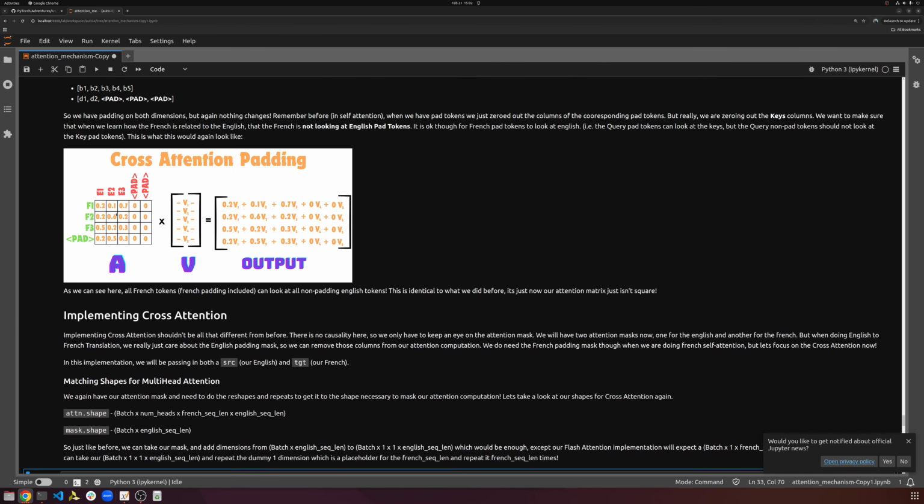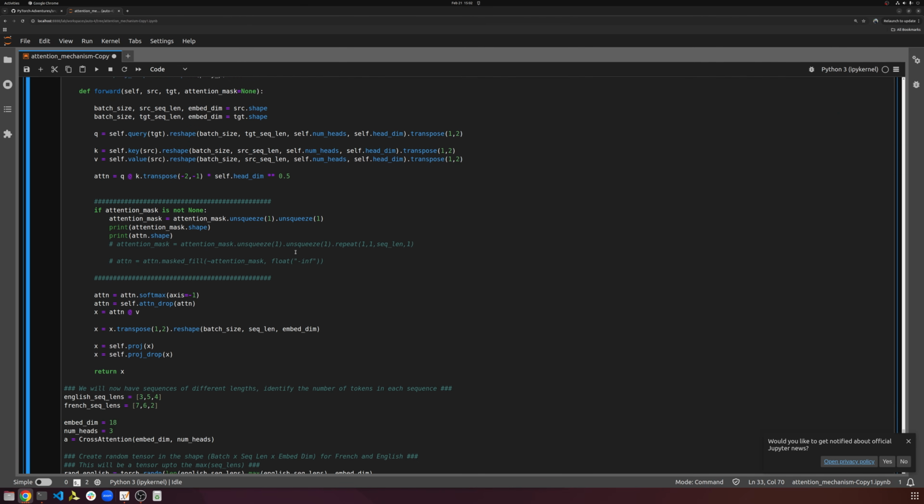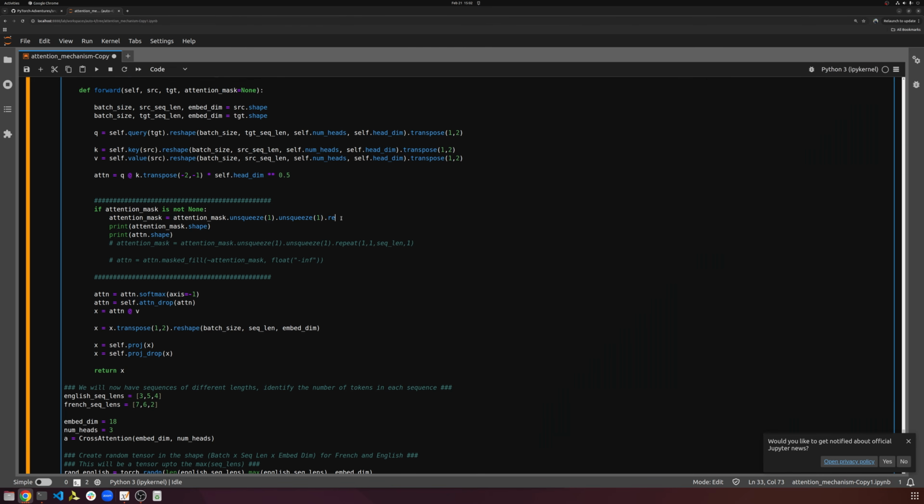So notice that we need to repeat this pad token, the fact that these two need to be 0, however many French tokens we have, right? We repeat it French number of times, or whatever the length of the French is. So this will be the target sequence length, right? So we're going to repeat this. Instead of sequence length number of times, we're going to repeat it 1 by 1 by target sequence len by 1.